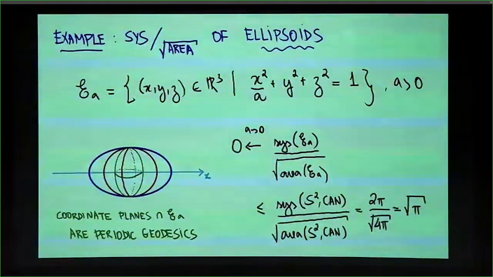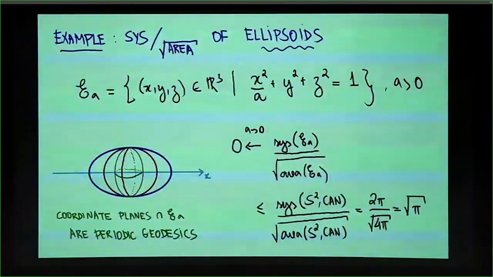And this green one has less length than the red one. So two things happened as I did this deformation. The systole has decreased, but also the area has decreased, right? So it's not very clear what happens to the quotient.